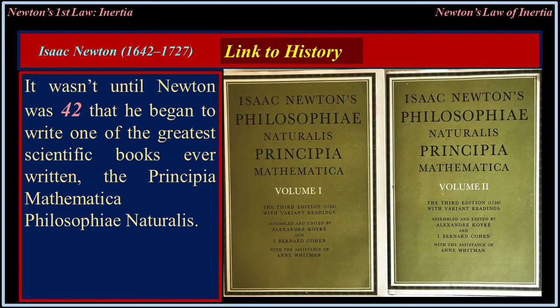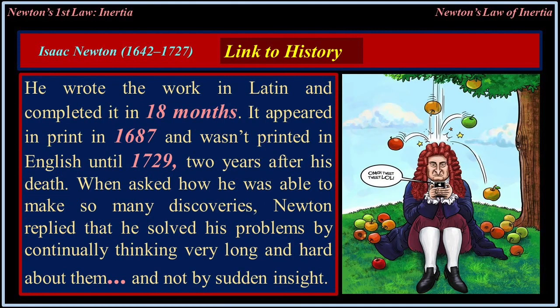It wasn't until Newton was 42 that he began to write one of the greatest scientific books ever written, the Principia Mathematica Philosophiae Naturalis. And here's a picture of the cover of volumes 1 and 2. He wrote the work in Latin and completed it in 18 months.